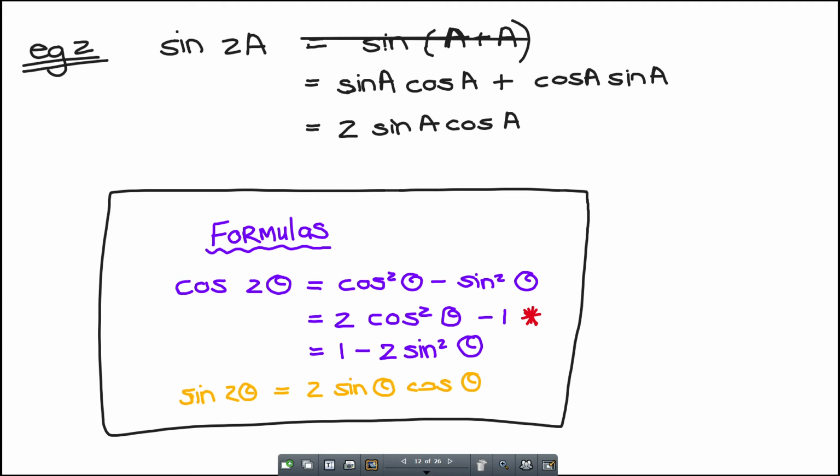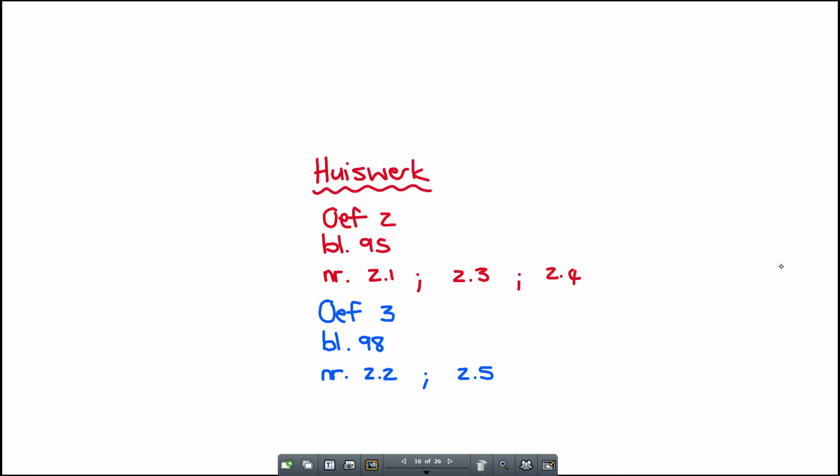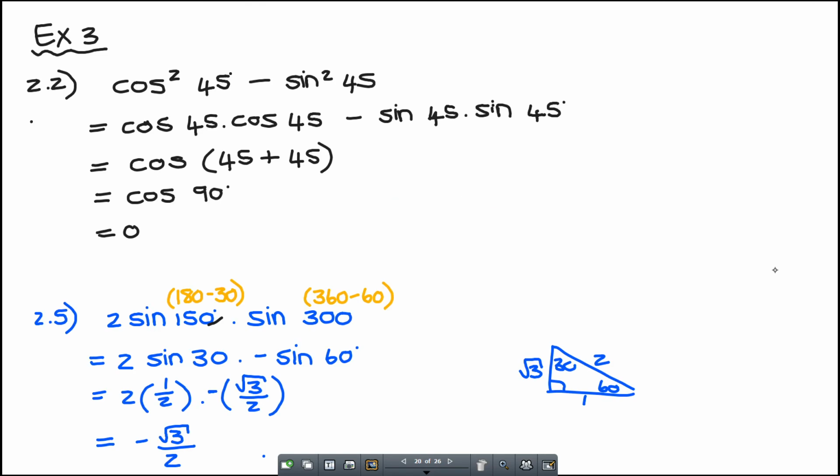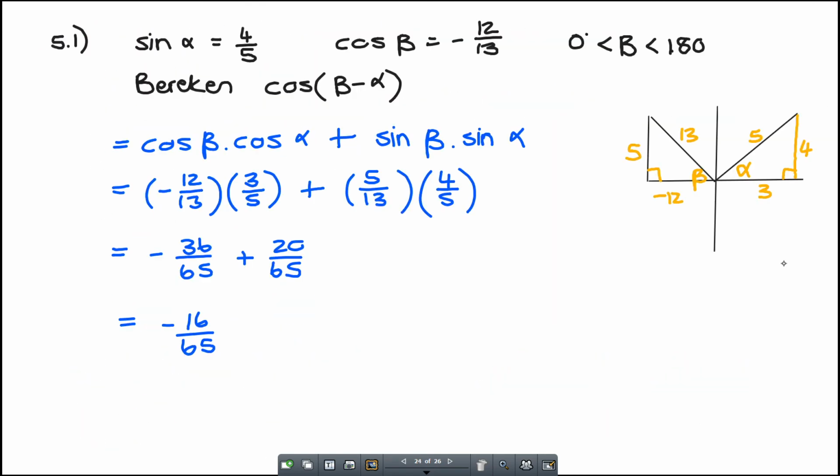Now, I want to do 1 or 2 of those examples because that's a lot like the homework. All right, so the first worked out example there, number 1. Example 1. Hulle sê vir jou, skryf sin 10a in terme van verhoudings met die hoek 5a. So they're giving you sine 10a, but they want it in terms of 5a.